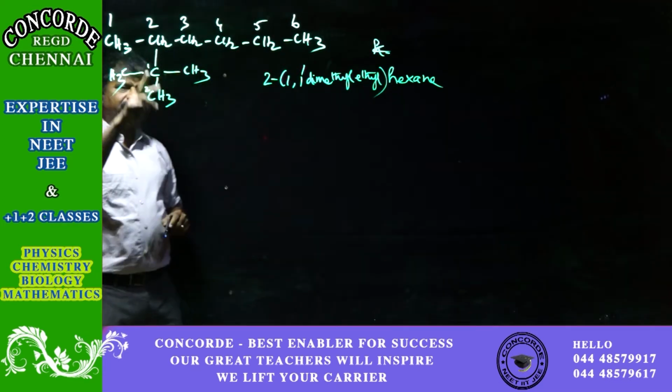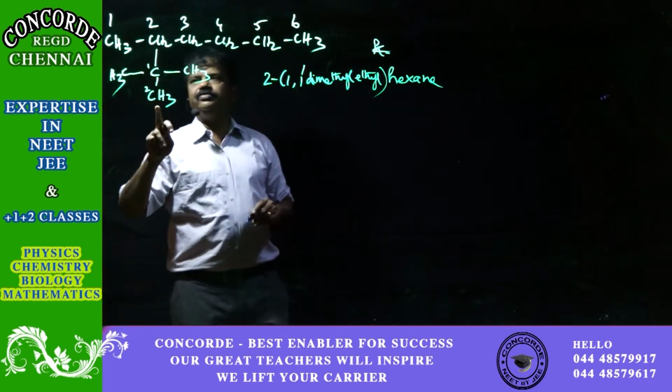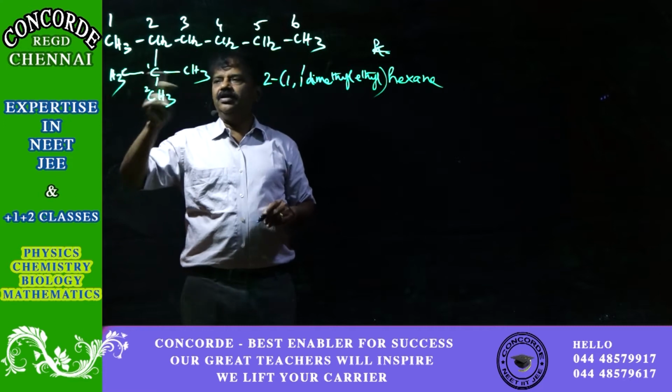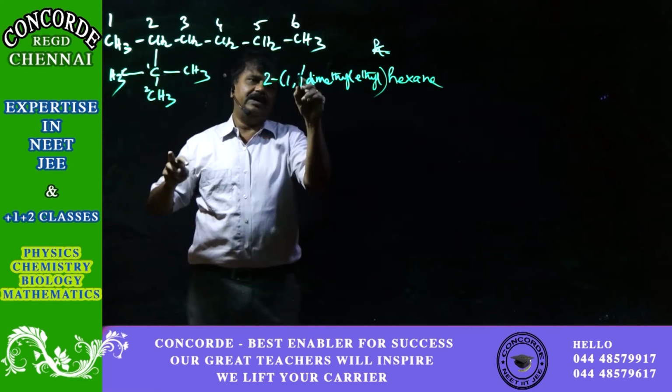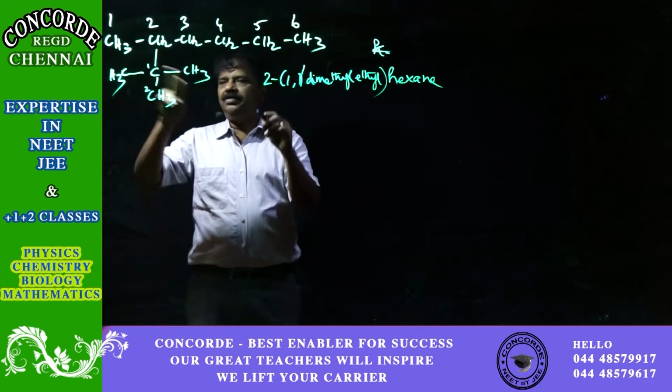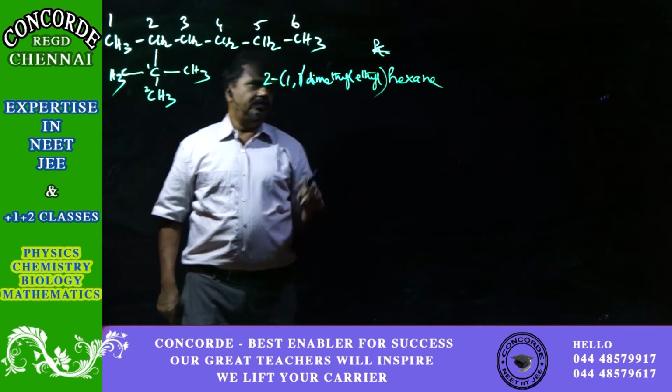In the second position there is no doubt an ethyl, but in the substitution itself there is a further branching. So 1 dash dimethyl ethyl hexane. This is the name. Hope you are able to get it.